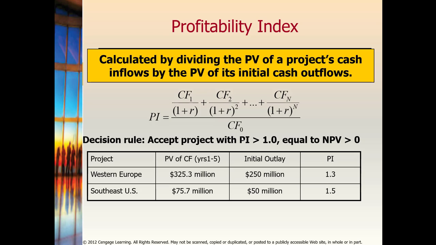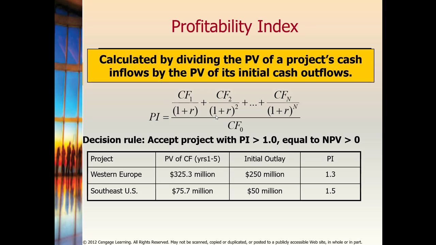So PI greater than 1 means that the present value of future cash flow is greater than the cash outflow, which means they can cover the initial investment and even have some value left. So it creates a positive net present value.